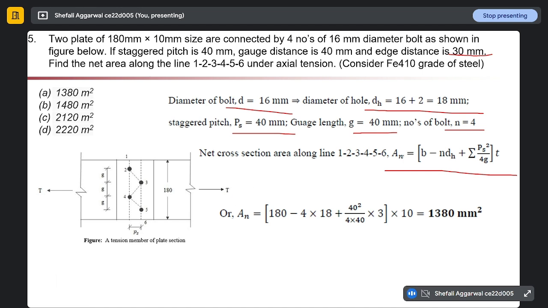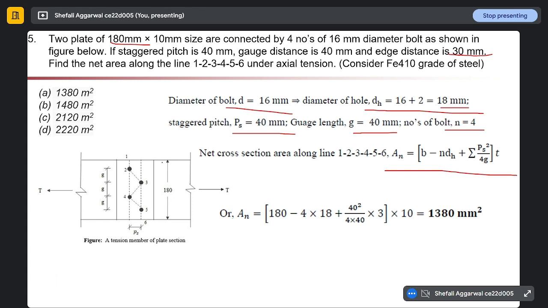So in this case, b is given to us as 180 mm. So total 180 minus n into dh. n is number of bolts, so number of bolts n is 4, into dh. dh is 18 mm.